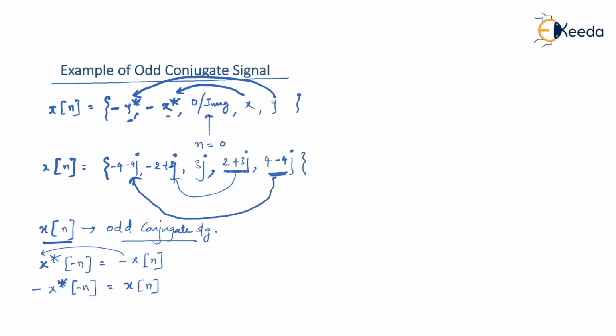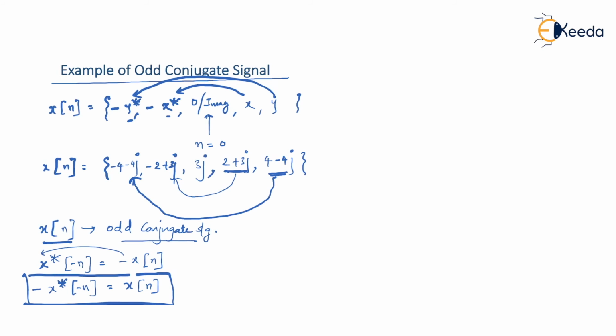Is that right? If this property is satisfied, then I would say that it is an odd conjugate signal. So to prove this, I'll be doing a total of 3 operations. You heard me correct? I'm going to apply 3 operations on x of n, and I'll see whether this property is satisfied or not.